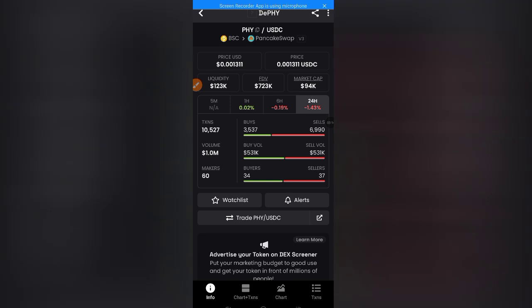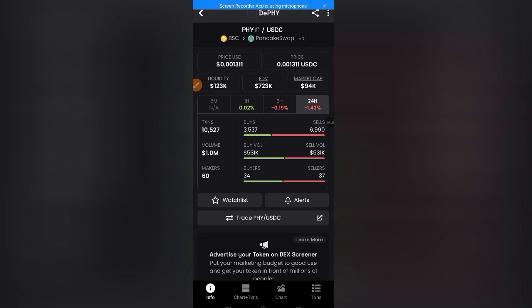The price of each shoe is currently $20 and the quantity of the shoes is 20. 20 times 20 is $400, right? So that's the market cap.